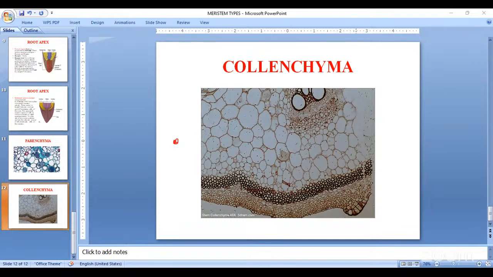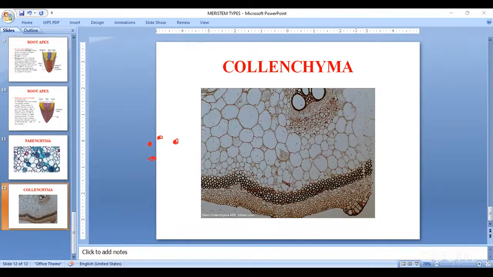So here the chemical is present, here the chemical is present. Where the parenchyma cells join, if the chemical is present at the angles, that is called angular collenchyma. It is mainly present in petioles of Cucurbita.